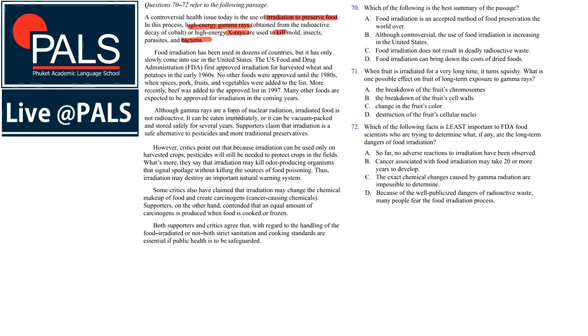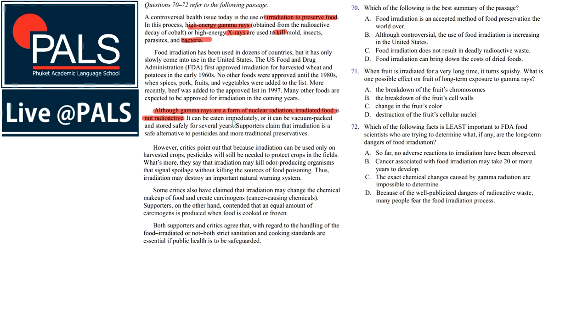Although gamma rays are from a form of nuclear radiation, irradiated food is not radioactive. So that is an important piece of information here. Gamma rays are a form of radiation, but irradiated food does not become radioactive.